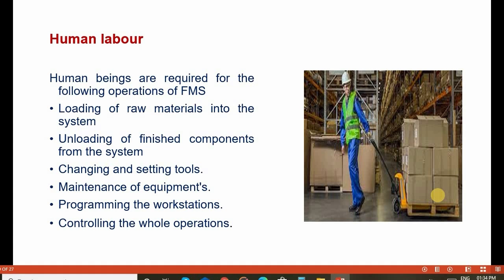So changing of tools or setting the proper tools is done by human persons, along with maintenance of the various equipment and machines, feeding the programming at the workstations, and controlling the whole operation in the manufacturing system. These are the operations performed by human labor.